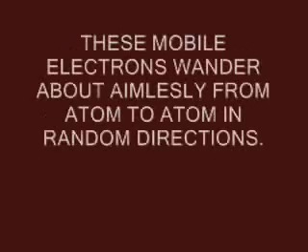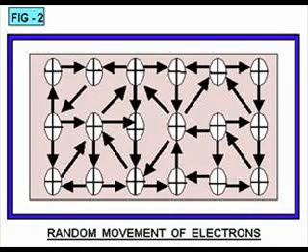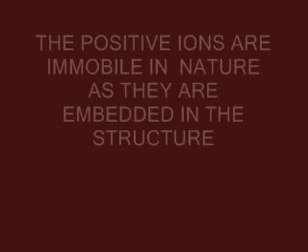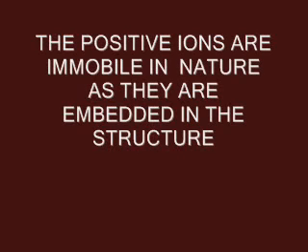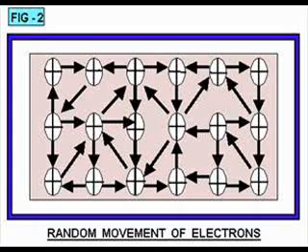These mobile electrons wander about aimlessly from atom to atom in random directions, while the positive ions are immobile in nature as they are embedded in the structure.